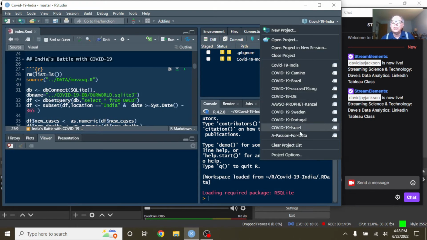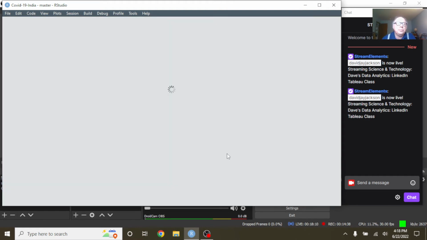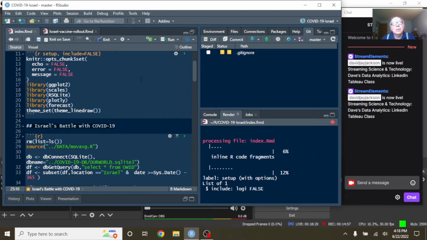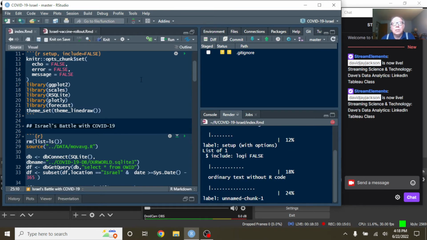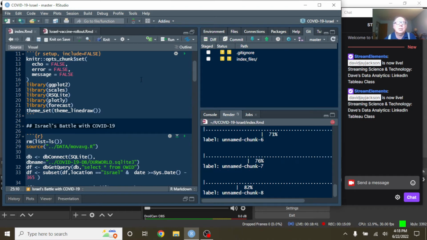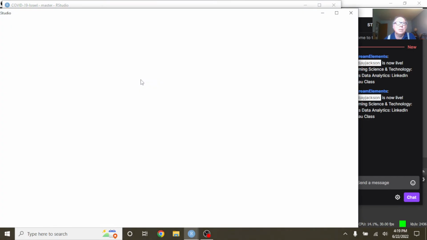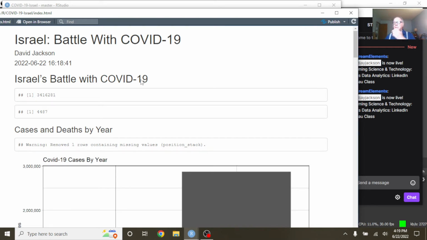Okay, let's keep this report moving along here now with Israel. Okay, we can see for the previous 365 days, Israel has had 3.4 million cases, 4,487 deaths.